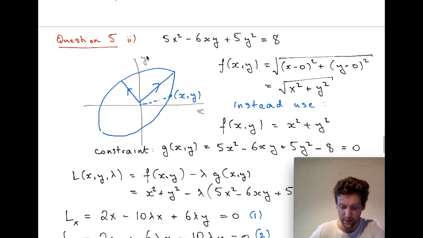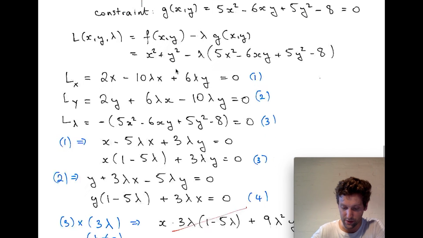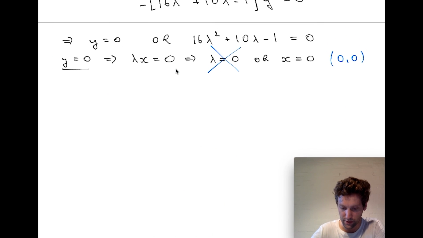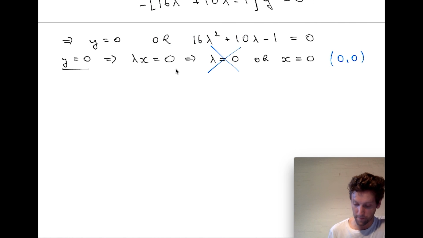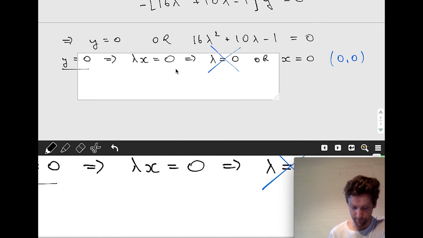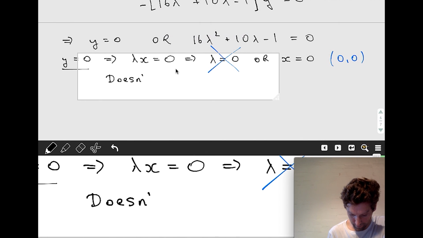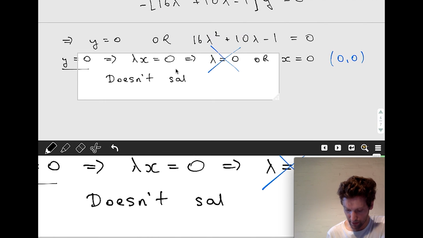So you can see that the solution x equals y equals 0 doesn't satisfy this equation. It doesn't sit on this ellipse. So in fact, this has given us a spurious solution. So we can reject it because it doesn't satisfy our constraint.